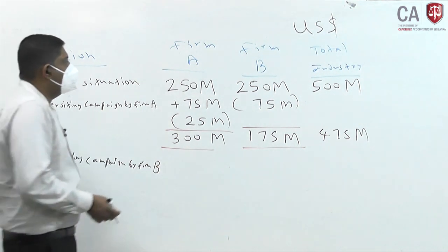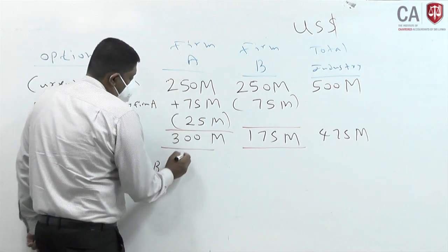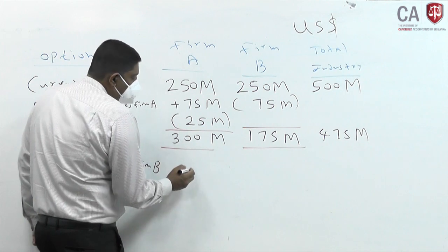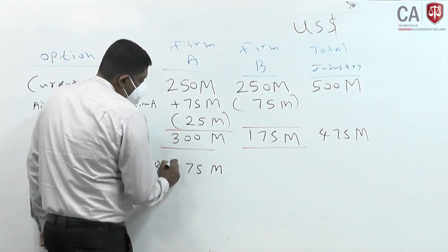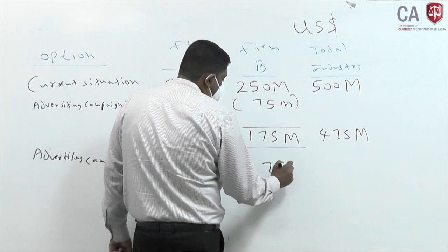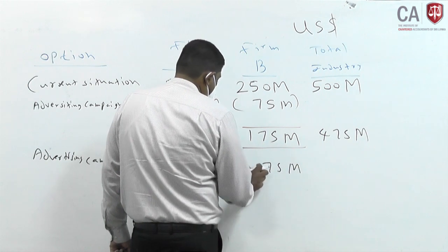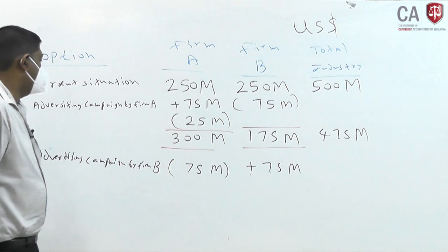Now what happened? A's sales reduced by 75 million. B increased by 75 million.